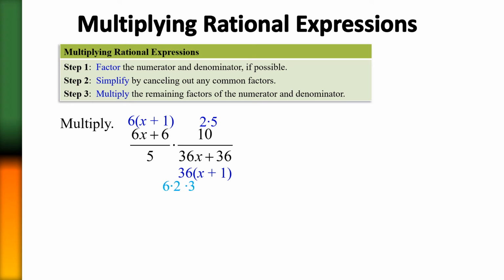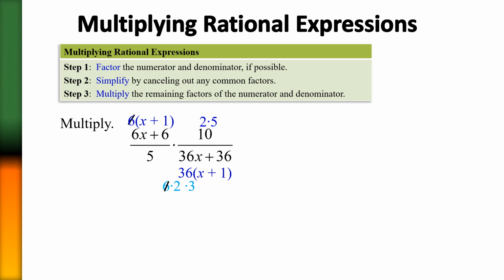Step 2, now we're going to cancel out any common factors. So moving from left to right, I see I can cancel out, there's a 6 up top and there's a 6 down below because there was a 6 inside that 36. So I'm going to cancel those 6's out. Next, I see an x plus 1 up top and an x plus 1 on the bottom.